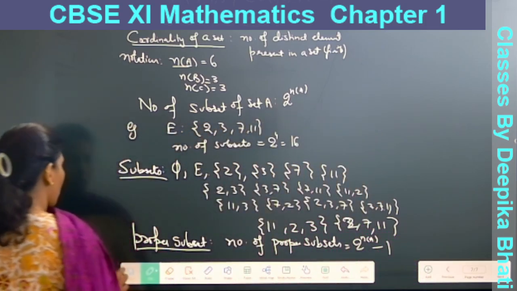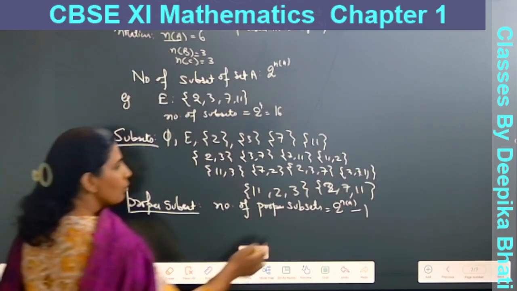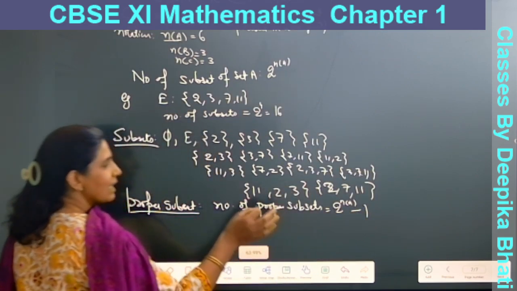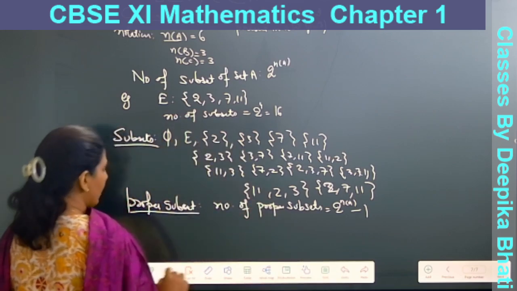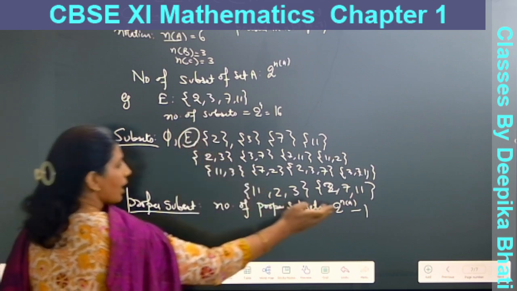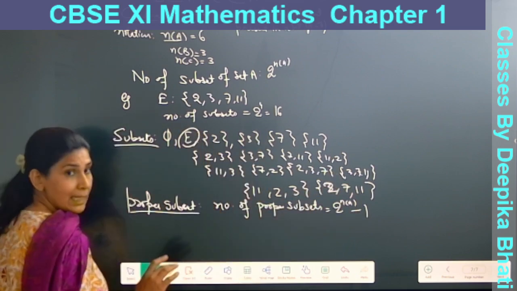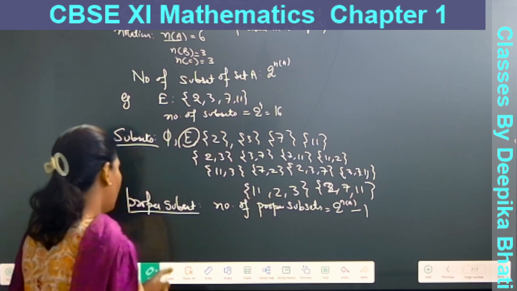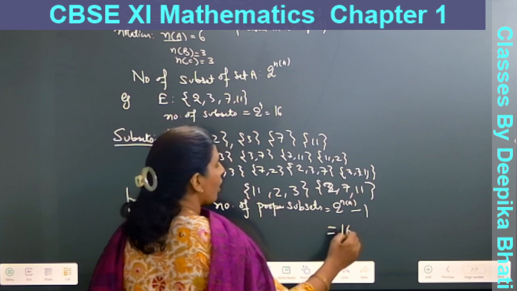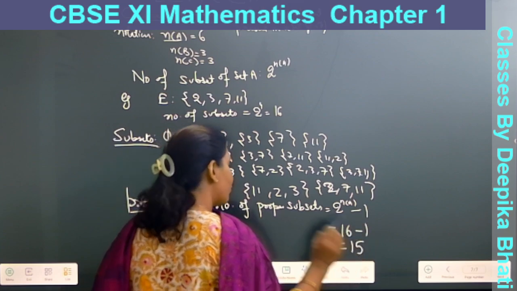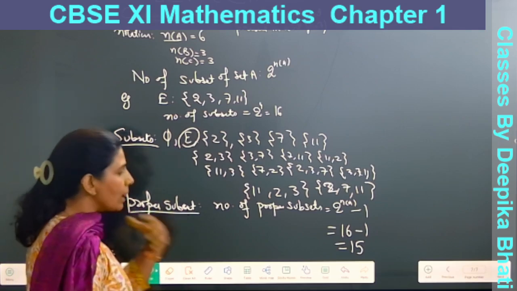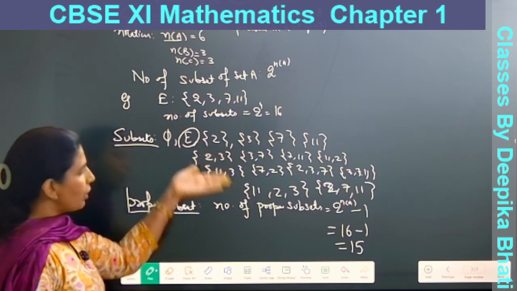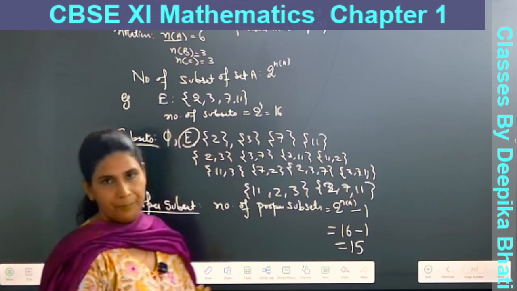So the set we are removing is set E. So the total count for proper subsets is 15. And if we need to write all the proper subsets, we copy all the subsets except E.